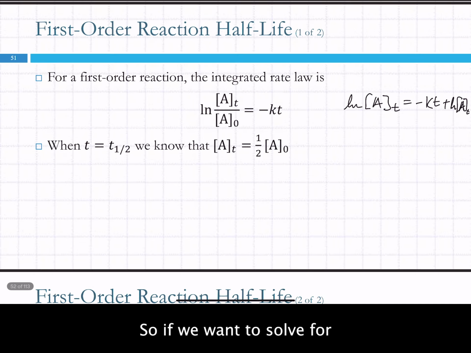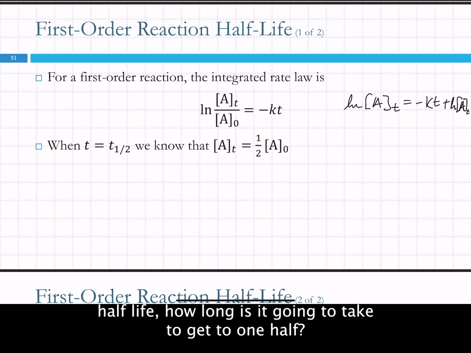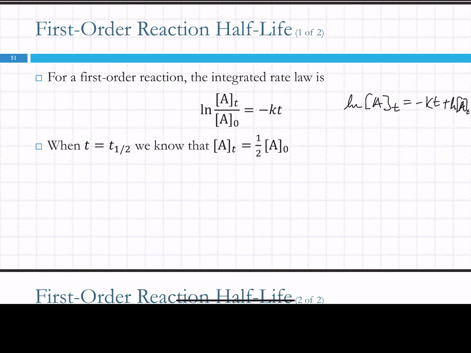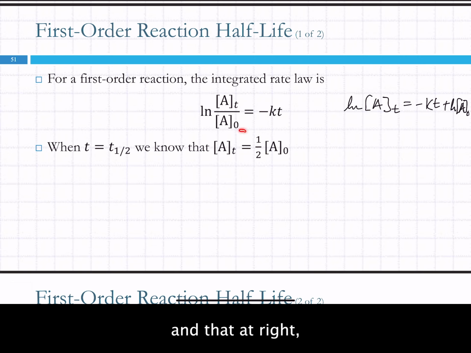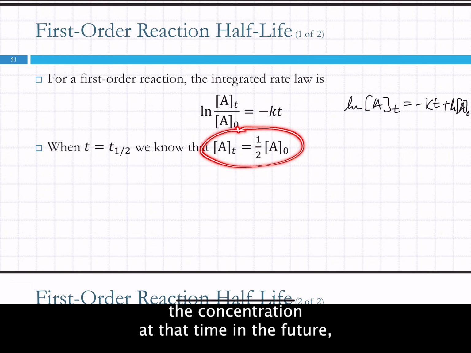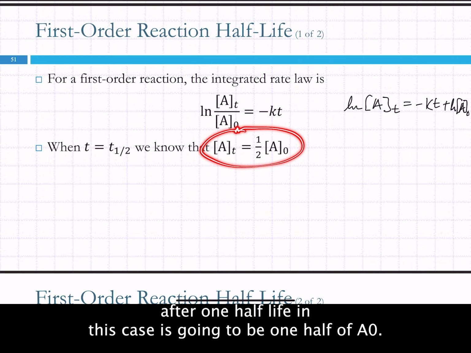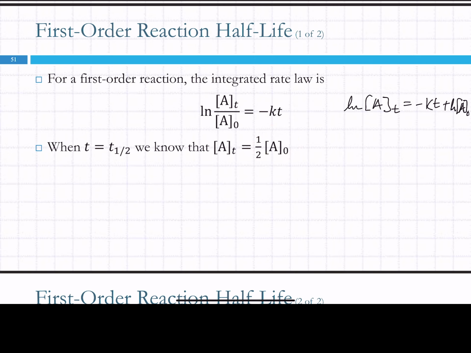So if we want to solve for half-life, how long is it going to take to get to 1/2, then all we really need to know is a little bit of algebra, and that At, the concentration at that time in the future, after one half-life in this case, is going to be 1/2 of A0.